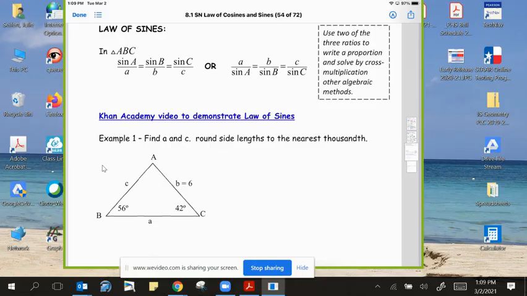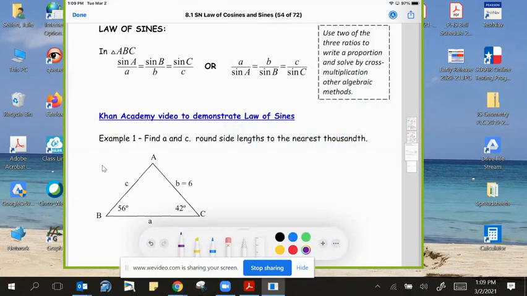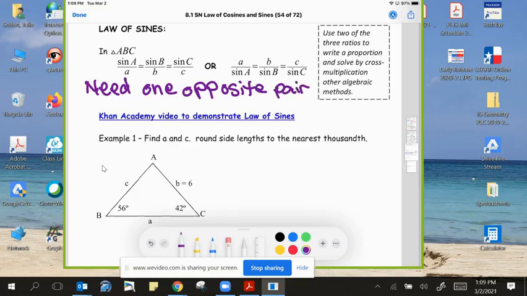To use this law, you need one opposite pair of a side and an angle.